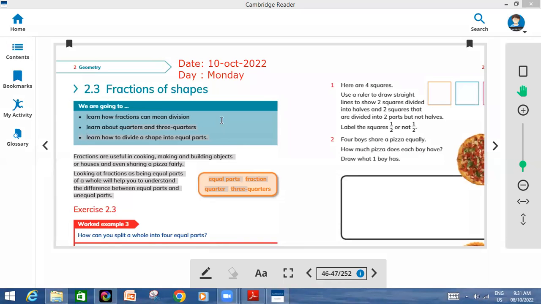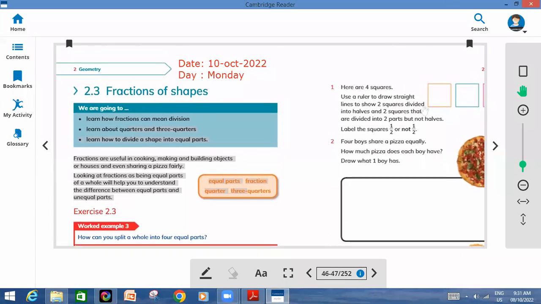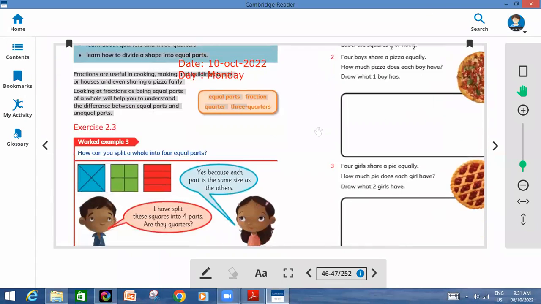Fractions are useful in cooking, making built objects or houses, or even sharing a pizza fairly. Looking at the fraction as beginning equal parts of a whole will help you to understand the difference between equal parts and unequal parts. So basically in fractions, we learn how to share or how we can divide something equally.